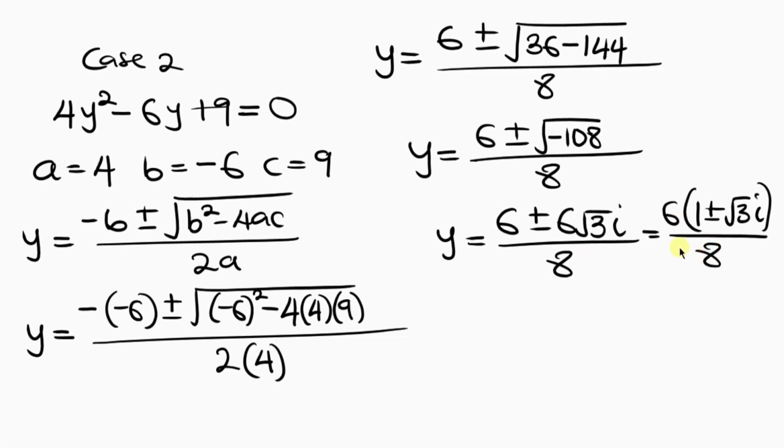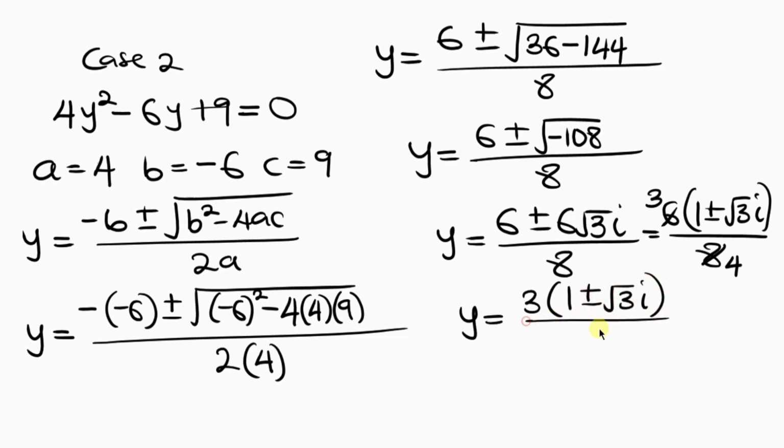And now breaking down, 6 divided by 2 is 3, 8 divided by 2 is 4. So making y to be 3 times 1 plus or minus root 3i all over 4. So there are actually two values of y from here, and this will make the fifth value of y, which is 3 times 1 plus root 3i all over 4, going with the plus first.